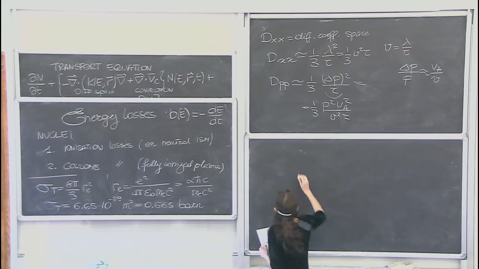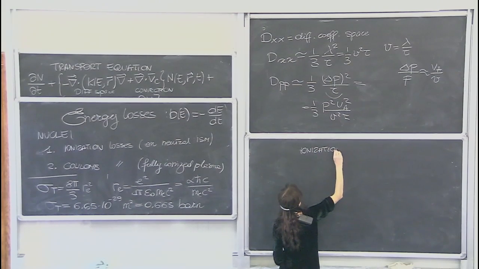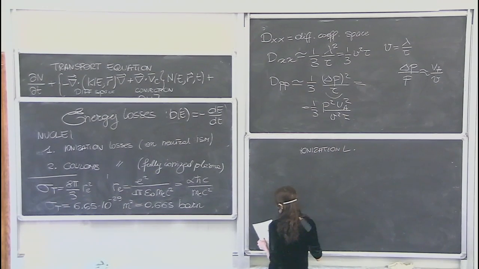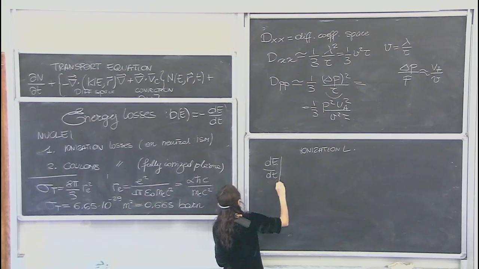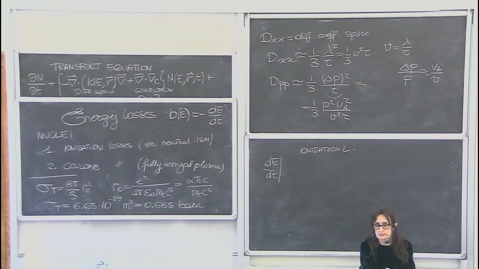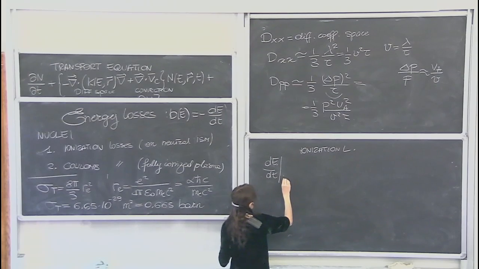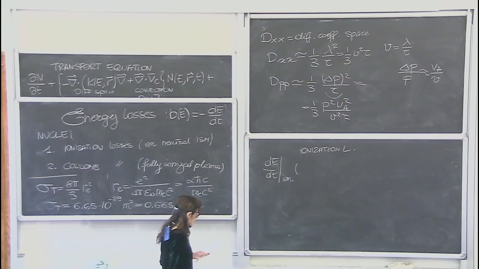So a few words about ionization energy losses. The variation of the energy over time, this should have been something that you have computed. I don't know your specific background for your undergraduate studies, but I think that you should have computed it at some point. Anyway, I remind it here so you can recover your notes.